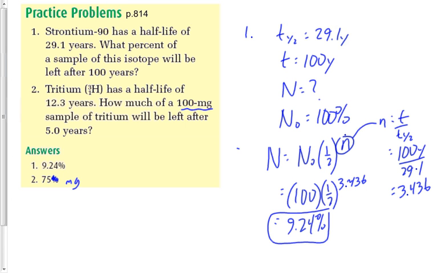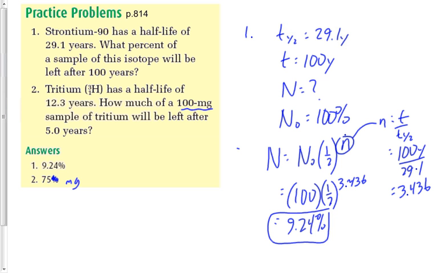So you can see that it doesn't take long at all for this to decay into about a tenth, about 10% of what it was. 3.5 half-lives to decay into 9.24%. Statistically, 9.24% of what it was. Now, the reality is it could be 9% or 10%. It could be off by a little bit. If we have a big enough sample size, it's going to be real close, though.